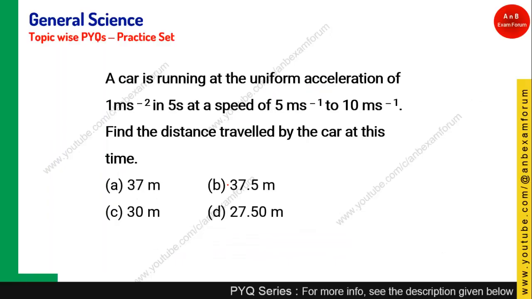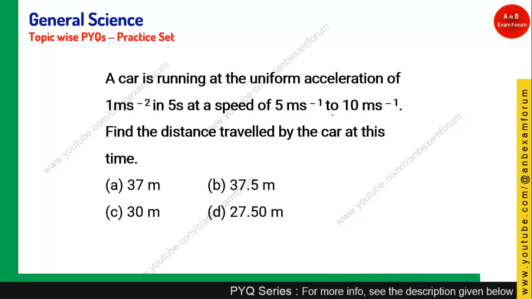Let's see the next question. A car is running at uniform acceleration of 1 meter per second square in 5 seconds, from a speed of 5 meter per second to 10 meter per second. Find the distance traveled by the car. So let's use the equation of motion, which is s equal to ut plus half of at square. What is the initial velocity? Initial is 5.